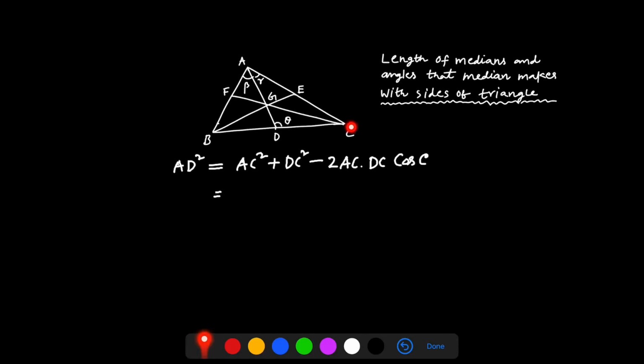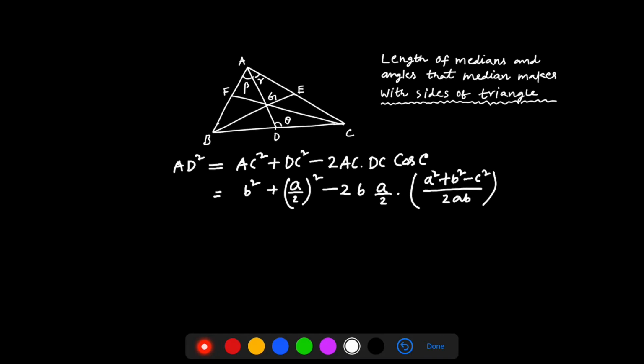Now AC square is b square, DC square is a by 2 whole square, and this is 2 b (a by 2) cos C. And as we know, the formula of cos C is a square plus b square minus c square by 2ab. The proof of this formula will be given in the description box, so you can check that out.